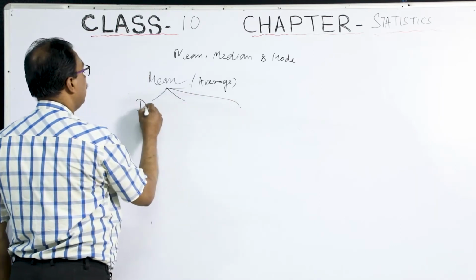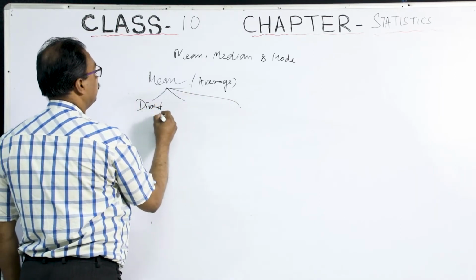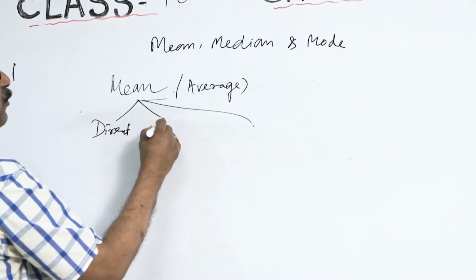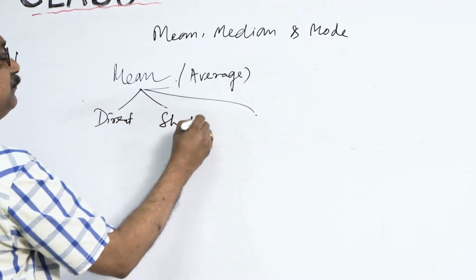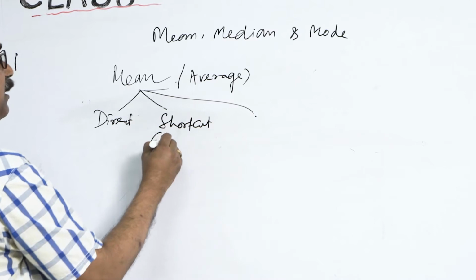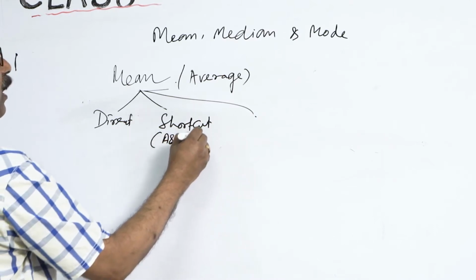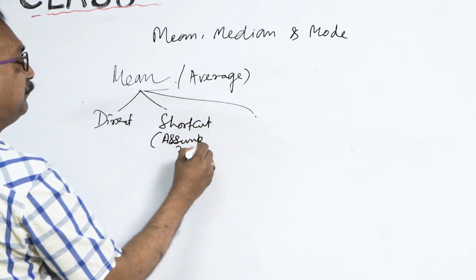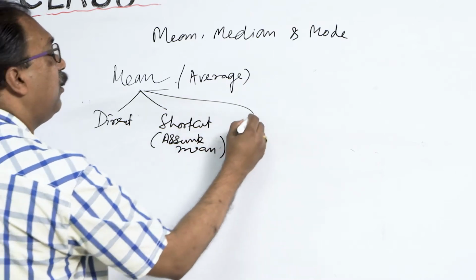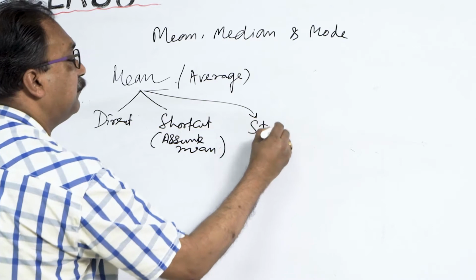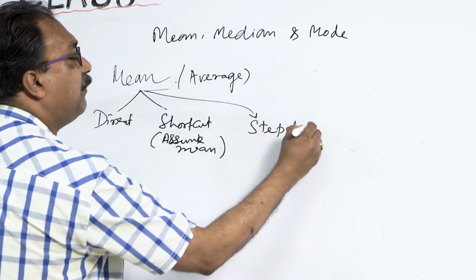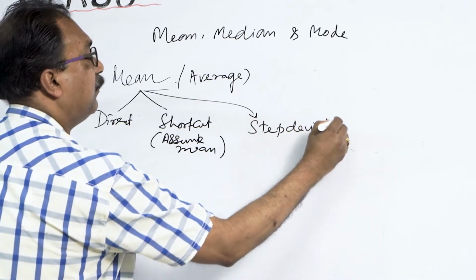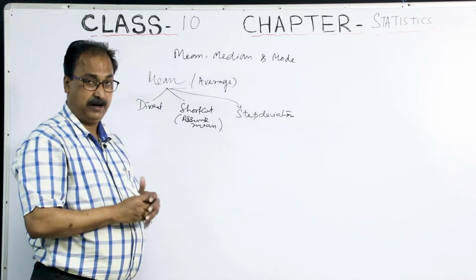One is the direct method, one is the assumed mean method, we call it the shortcut method, or the step deviation method. There are 3 methods in class 10 level you have to learn.